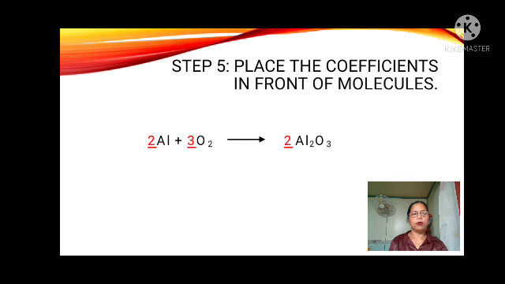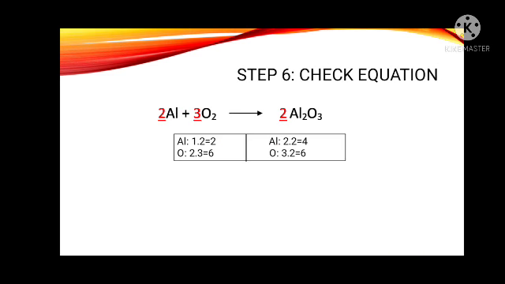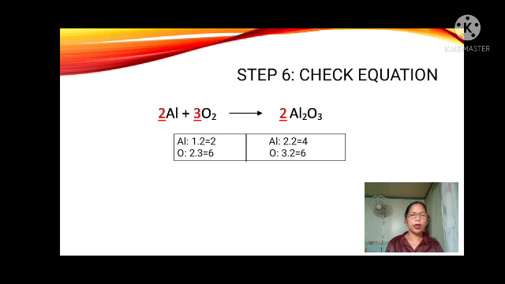Then we'll have step 6. In step 6, we have to make a list. These are the list of elements. And we have to check if multiplying the coefficient with the subscript will give us atoms equal both on the reactant and on the product.